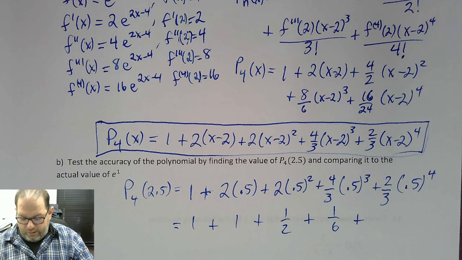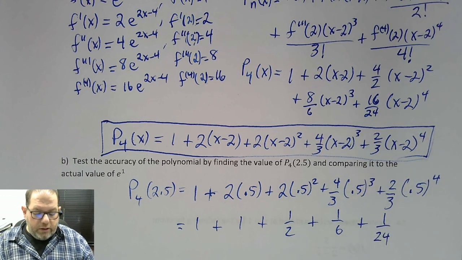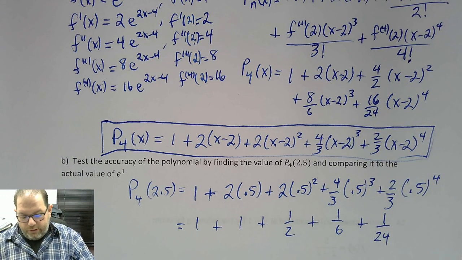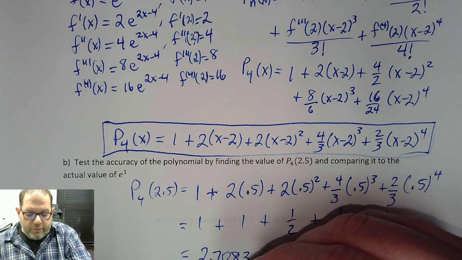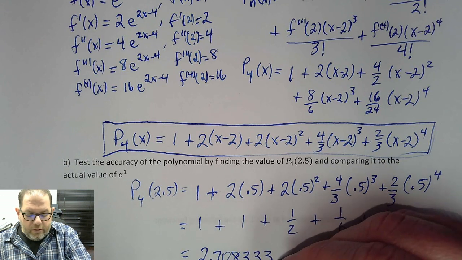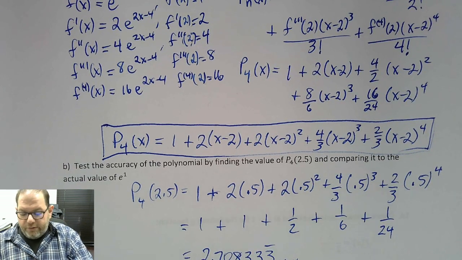What is that? It's 1/24, I believe. Yeah. And so if we put that all together, we get 2.708, and then the 3 is repeating. Okay. And we compare that with the actual value e.